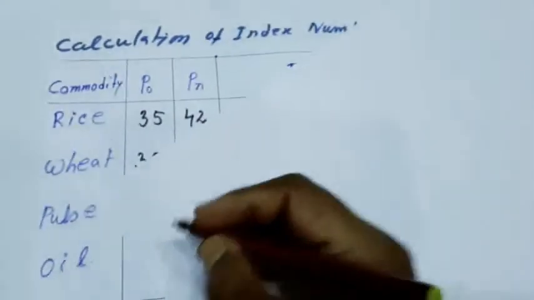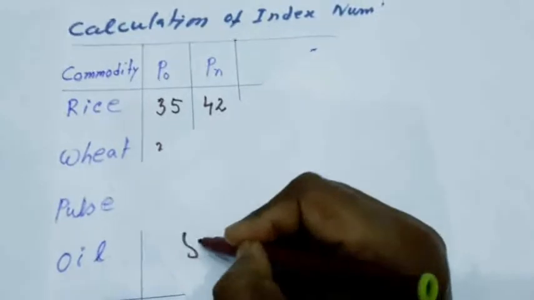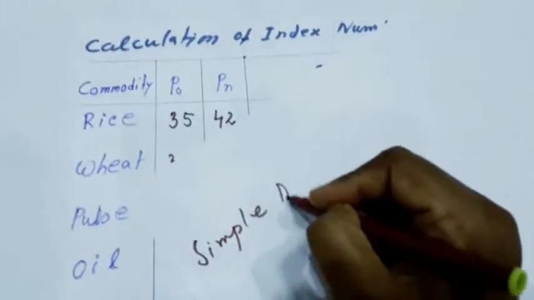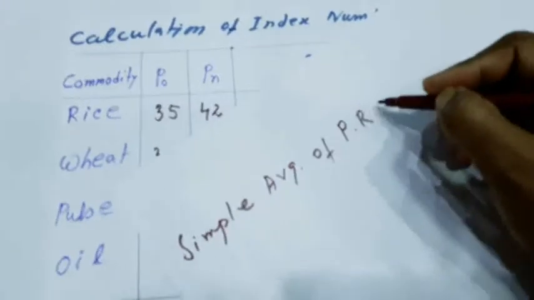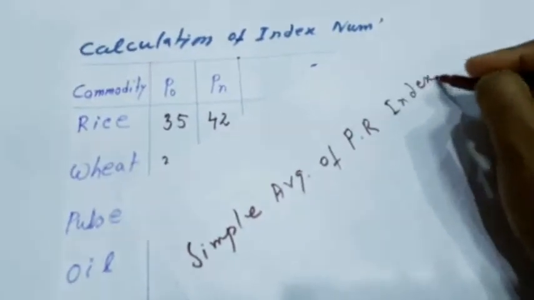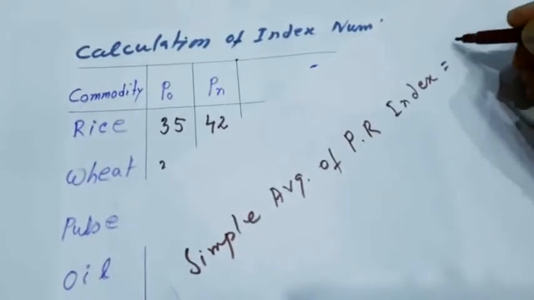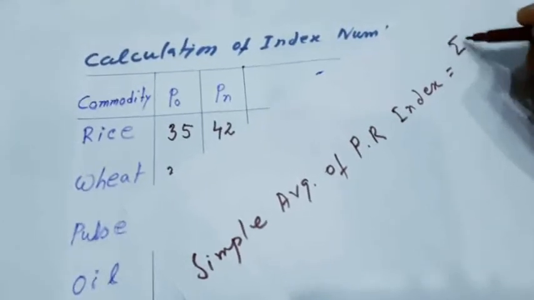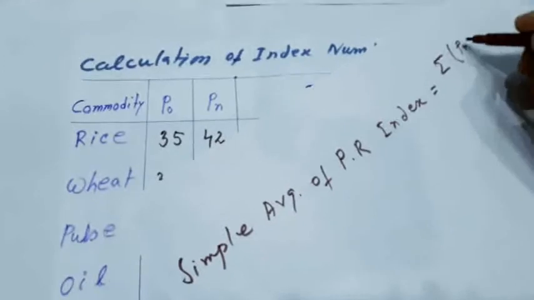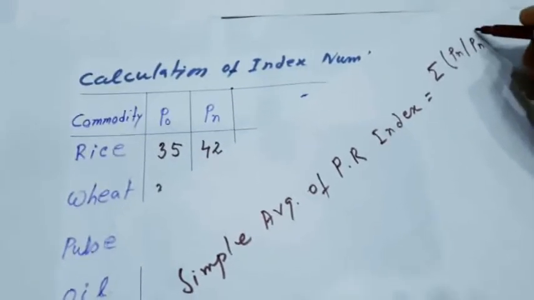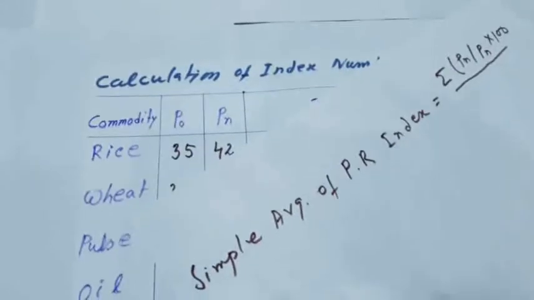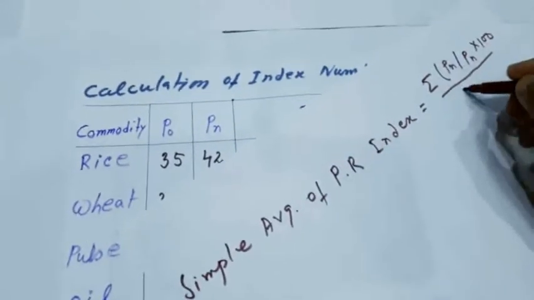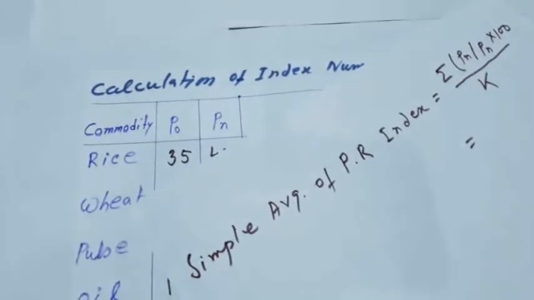Formula is simple average of price relative index equals to summation Pn by P0 into 100 by K. What is the sum of Pn by P0 into 100?